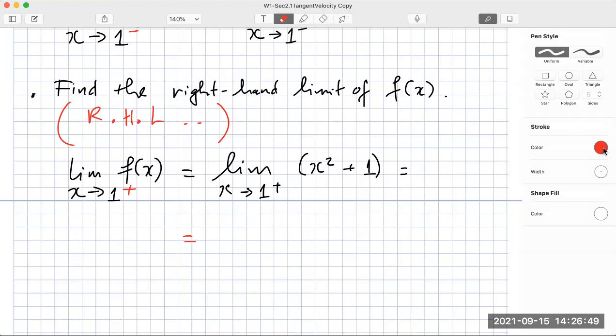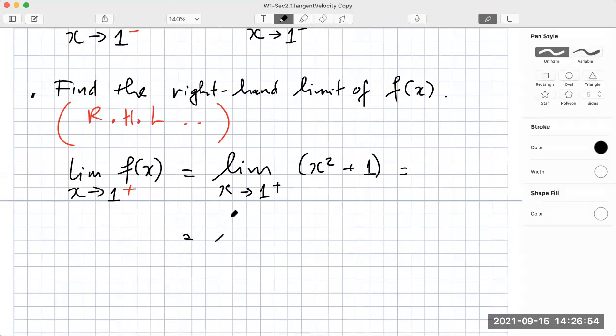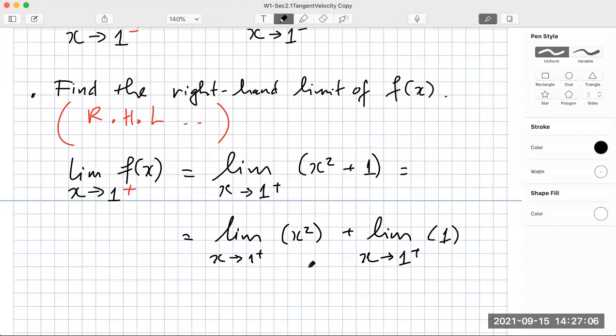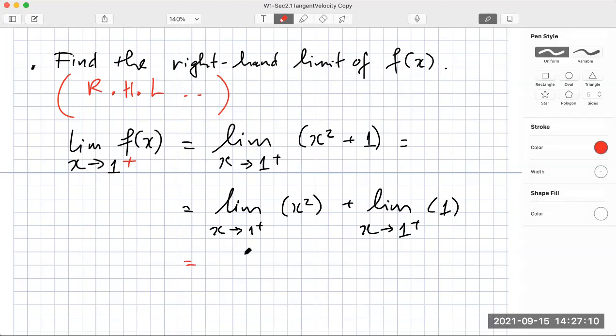Let me write the step in detail in this case. Limit when x approaches 1 of x squared plus the limit of x approaches 1 of 1. Well, finally, it is the same. It is 1 squared plus 1, and it is 2, right? Very good.